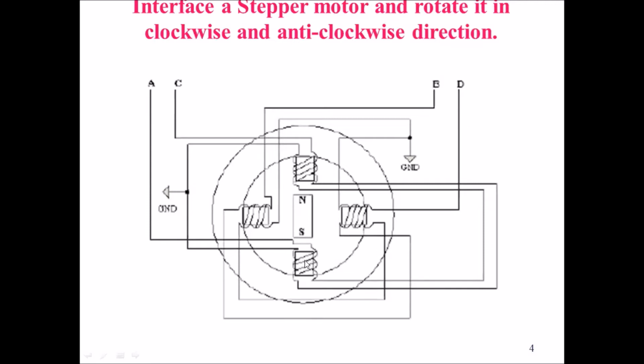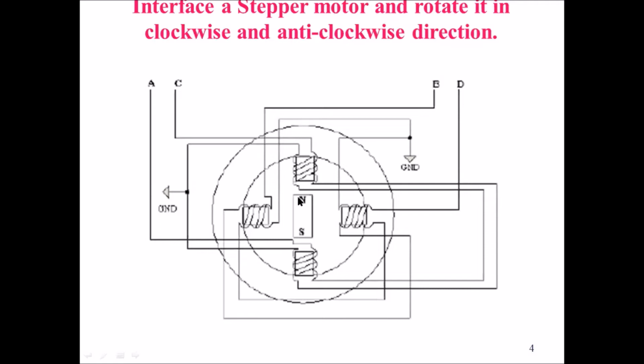So if we activate the coils one after the other, first coil A, then coil B, then coil C, then coil D, the rotation will be in clockwise direction.